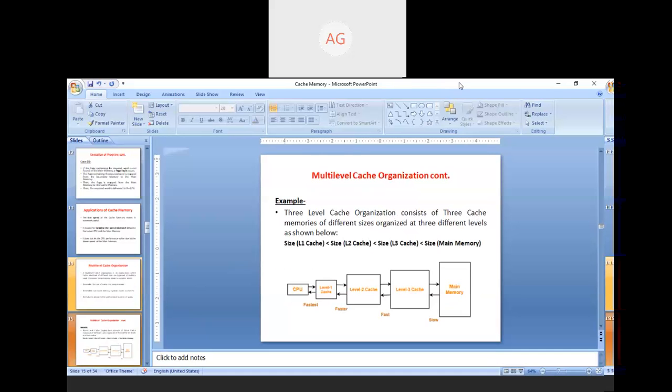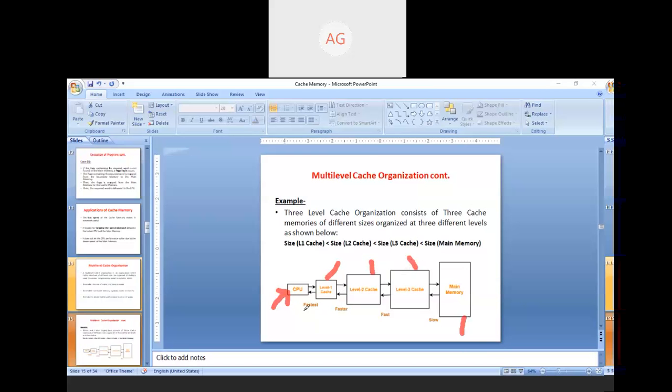As you can see from the diagram, a main memory is there, a CPU is there, and in between the CPU and the main memory there are different sizes of cache available. This is the level 1 cache, then the level 2 cache, then the level 3 cache.